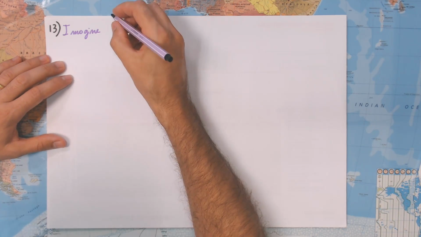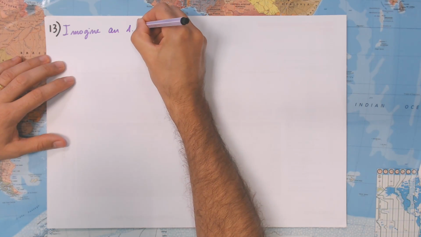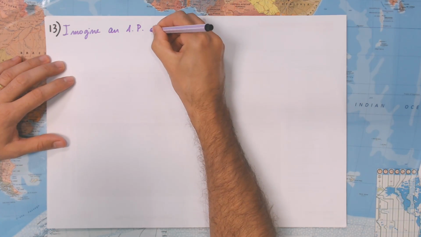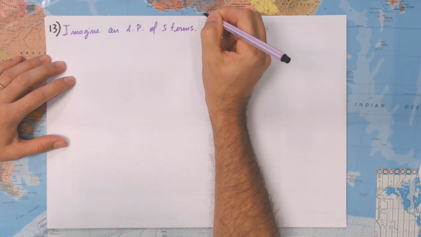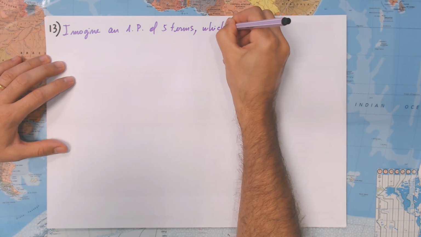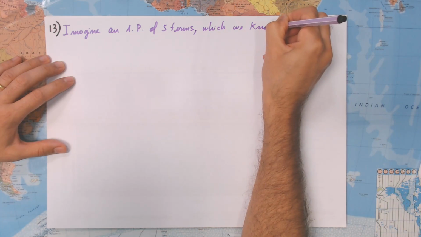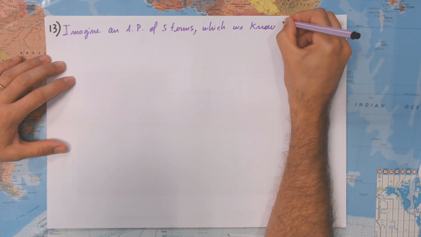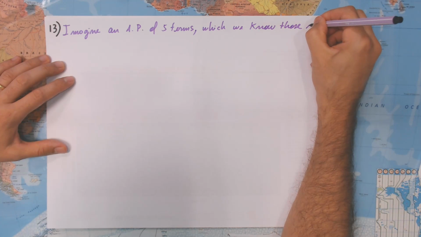Okay. Now imagine an arithmetic progression of 5 terms, for which we know those relations.